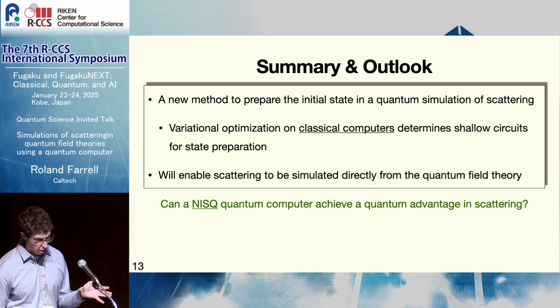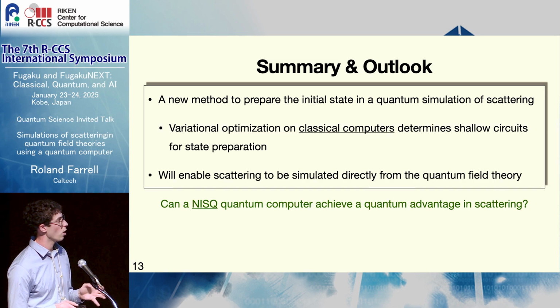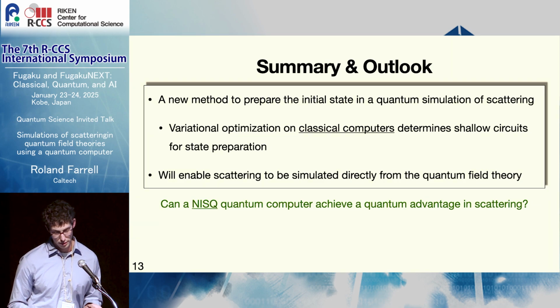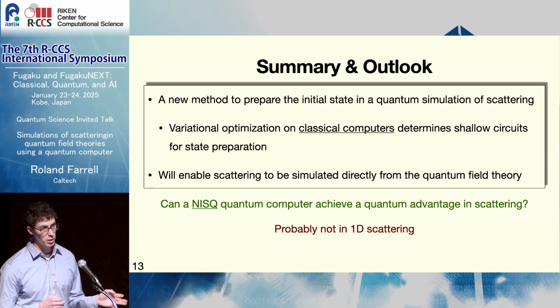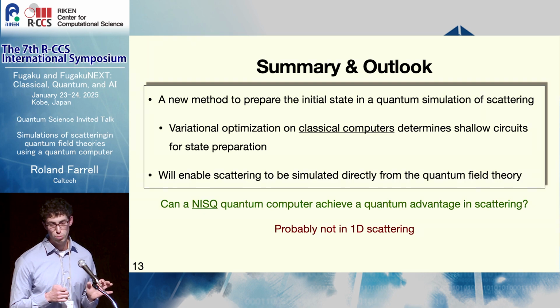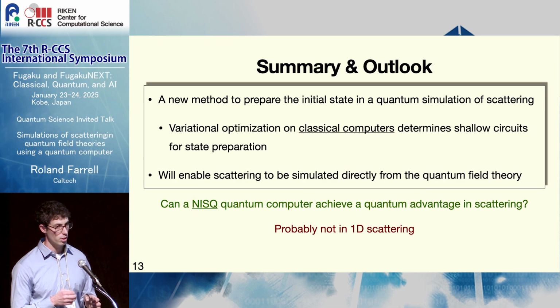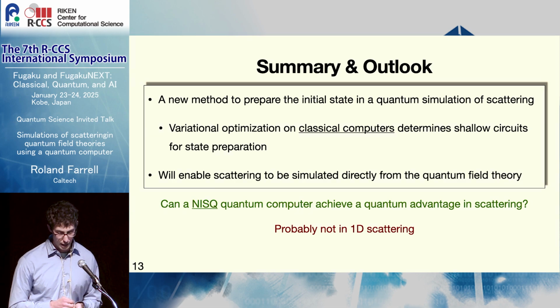Of course, a question we should ask ourselves is, can a NISQ, or near-term, quantum computer provide a quantum advantage in a simulation of scattering? I think the answer is probably not in 1D scattering. These matrix product state methods are really good, and even though in principle the entanglement can grow exponentially over some time window of scattering, it seems hard to really enter the regime where they start to break down.